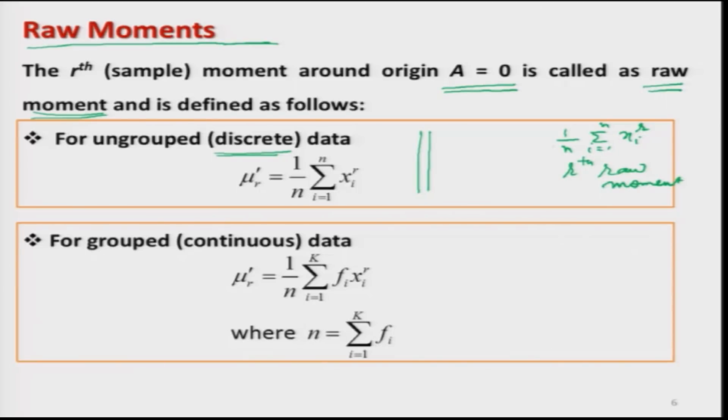And similarly, if you have grouped data on a continuous variable, the definition for the discrete case can be extended to the continuous case, where you simply find the average of the grouped data, f i x i, and then convert x i into x i raised to the power r, and here n is the sum of all the frequencies. So, this is how we define the rth raw moment in case of continuous data.